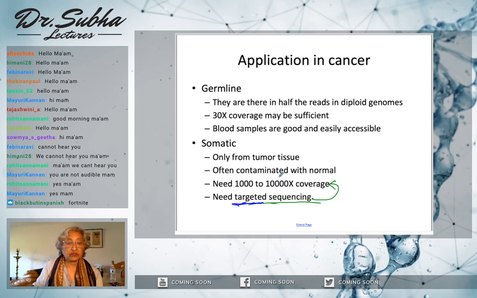Sometimes you give them 10,000x coverage and only screen a couple of genes. Sometimes you can get 1,000x and cover maybe the entire exome. So what you want to target is a question of how much money it costs and what the patient is willing to pay. All those things come into the picture, not just the science of variant calling.